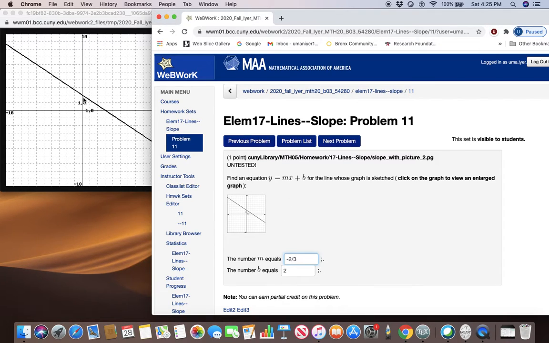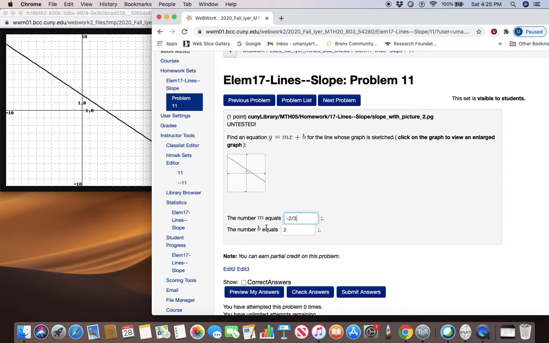I hope it's clear. From that point to this point, I drop 2 units and run 3 units. So that's negative 2 rise and run of positive 3. So that's all. You needed the slope and the y-intercept.